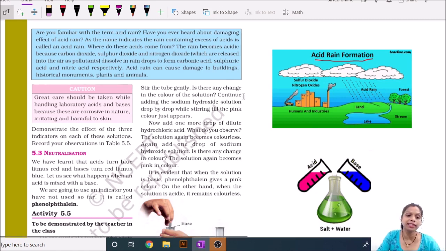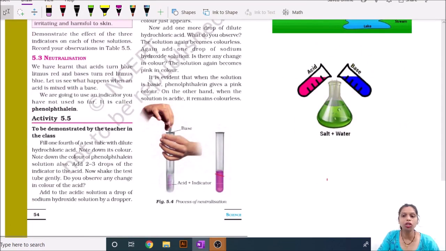Now we are going to discuss with you a process named neutralization. What is the process of neutralization we will study here. Actually, neutralization is a process in which you mix acid and base in sufficient quantity, and it gives new substances named salts, and water is also released here.